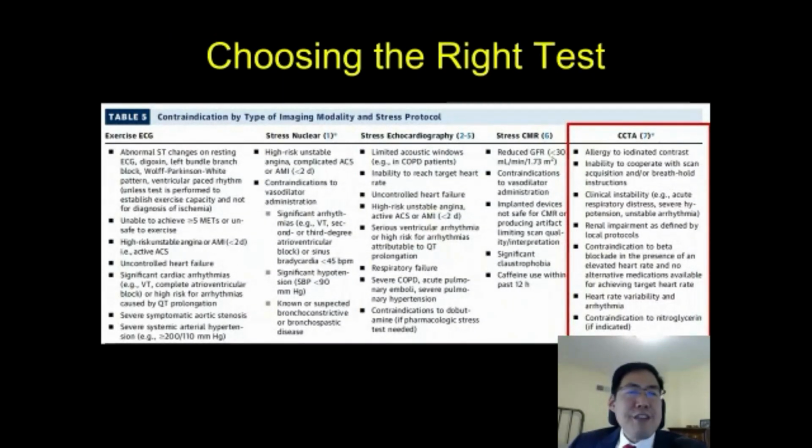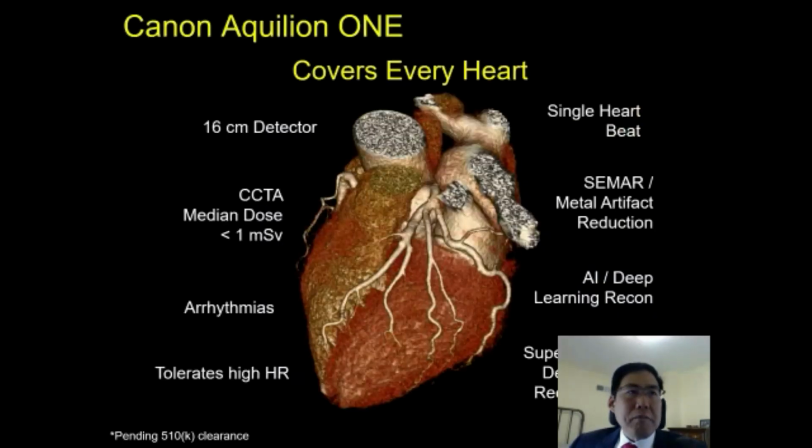These guidelines have a table to help you choose the right test. And for cardiac CT, they specifically mentioned elevated heart rate and heart rate variability. But overall, the Canon Aquilion ONE, I mean, in my experience, it covers every heart.